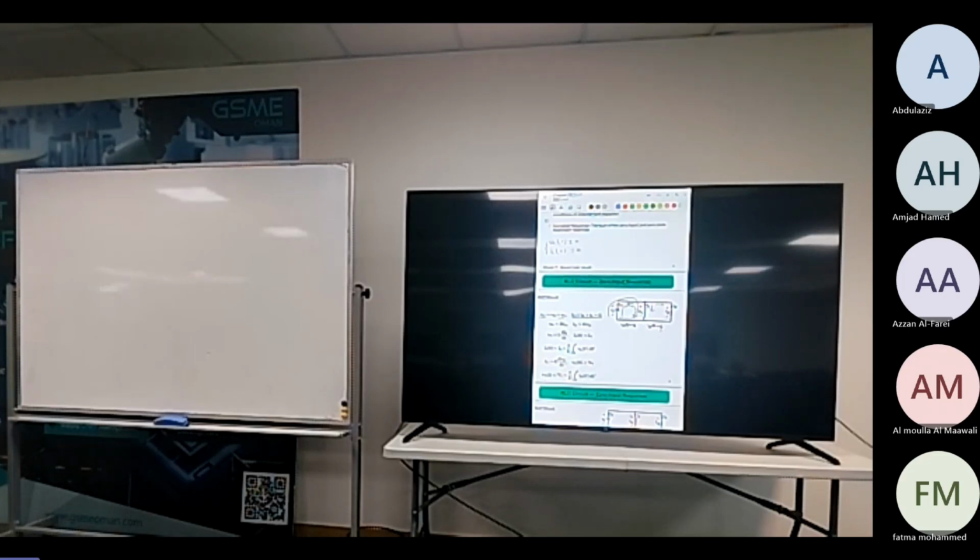And if I write another KVL here, minus VL plus VR should be 0, which means VL should be equal to VR. These three are in parallel, which means the voltages should be equal to each other. We know this from our parallel circuits.